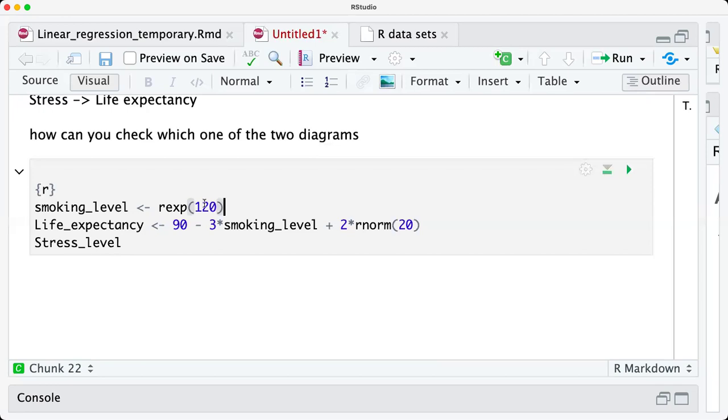The stress level influences the smoking level, maybe say 1.2 times stress plus exponential, and then here it is random normal, exponential again.